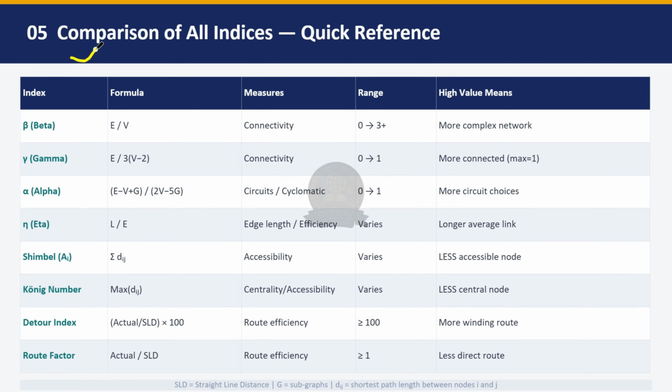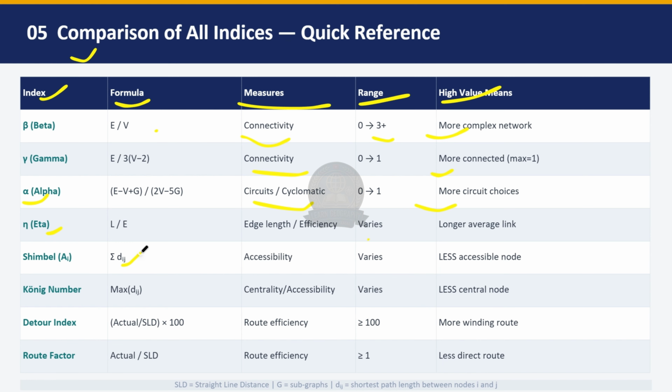Comparison of all indices, a quick reference. This is the index formula, measures range and high value. Beta index, this is the formula, measures connectivity, range 0 to more than 3, higher means a more complex network. Gamma, connectivity 0 to 1, more connected. Alpha, this is the formula, circuits or cyclomatic, 0 to 1, more circuits. Eta, L divided by E, edge length divided by edges, varies, longer average link.